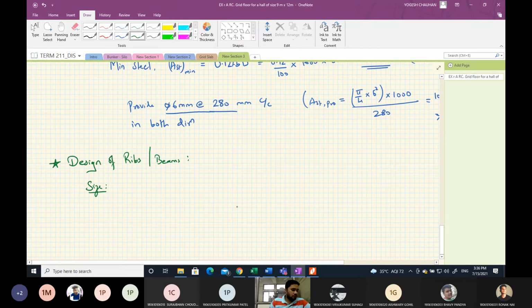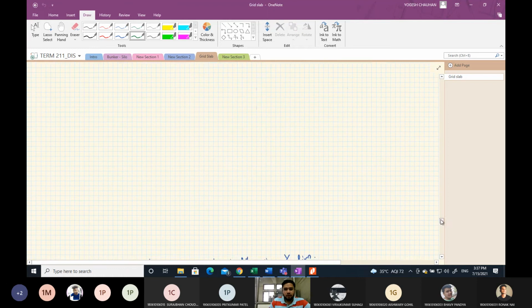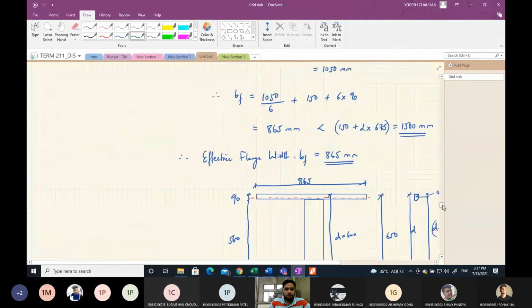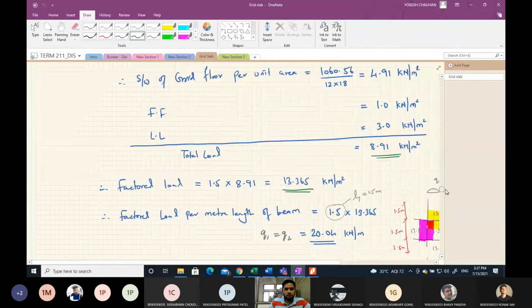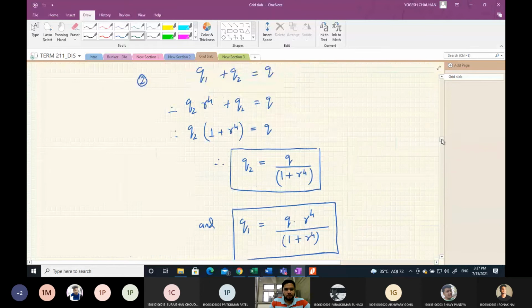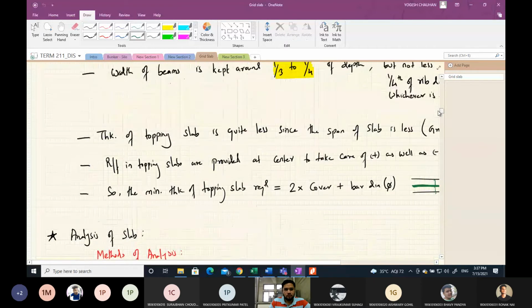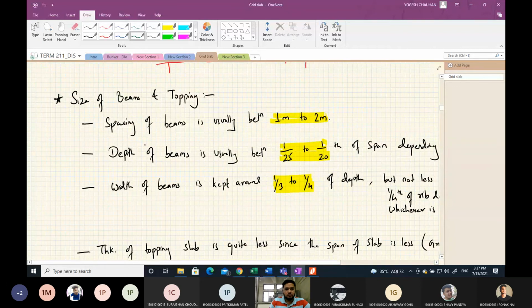So for size, we'll use the depth. In the earlier class we have seen the depth required. We have seen some rules. The depth is between 1 by 25 to 1 by 20 of the span.